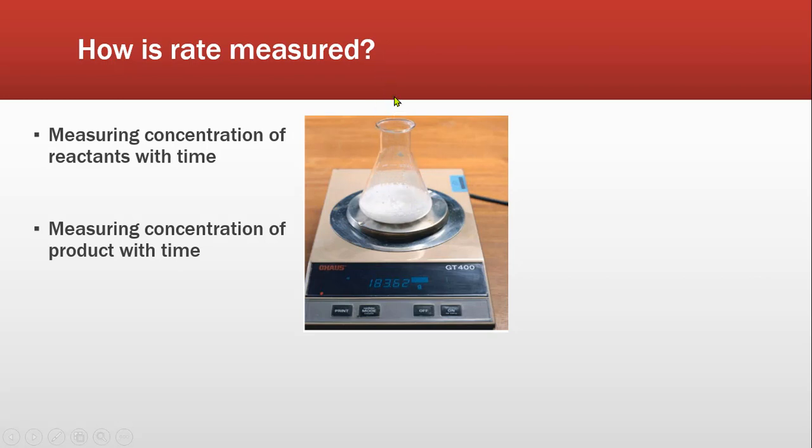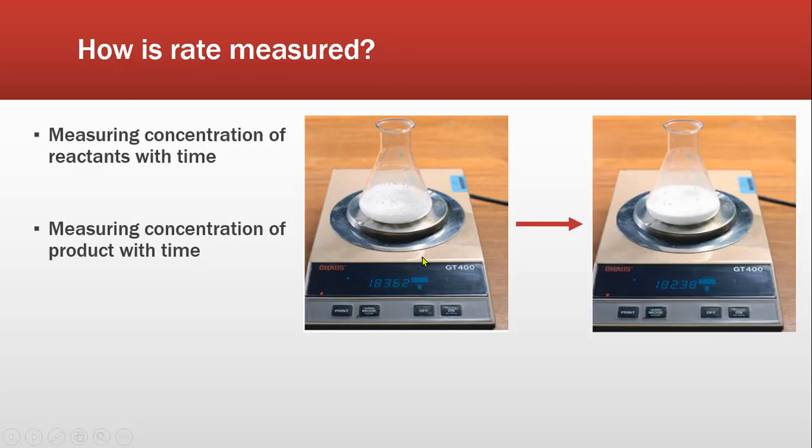And when the gas is evolved, it loses mass. So this is before, 183.62. This is after. So it lost mass. Our measured change here is mass, and we will be timing how this is changed. So these are two ways we can calculate rates of reaction.